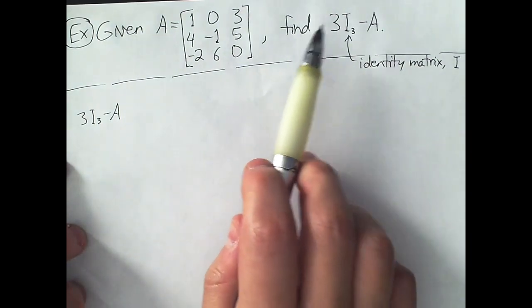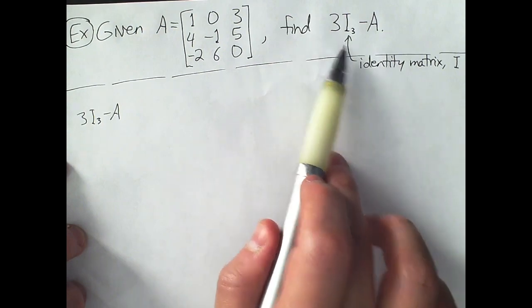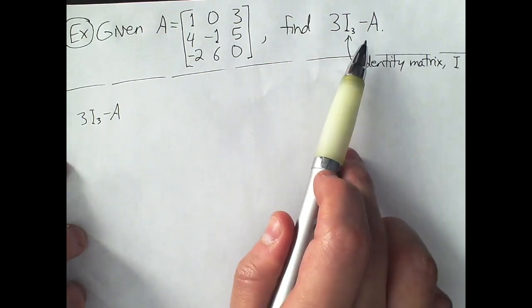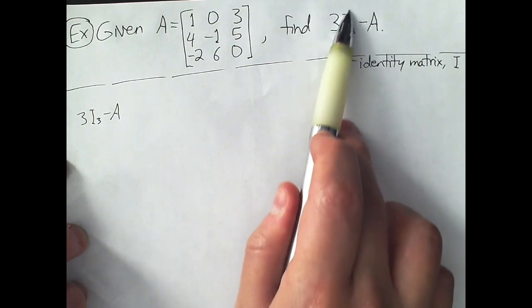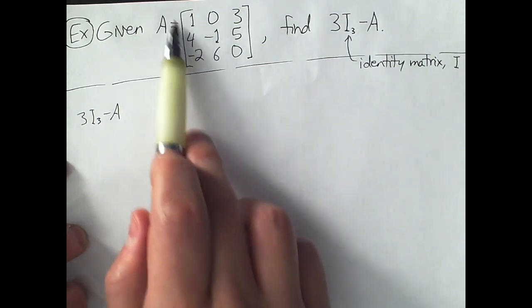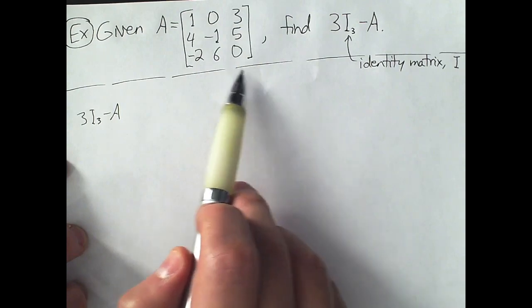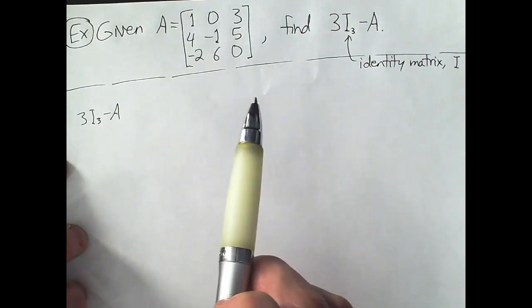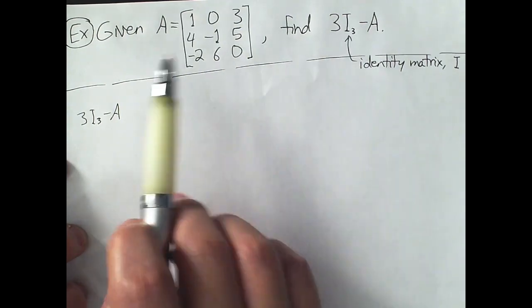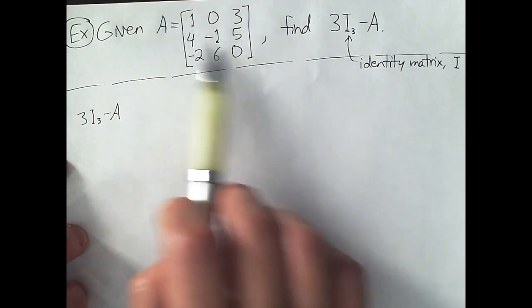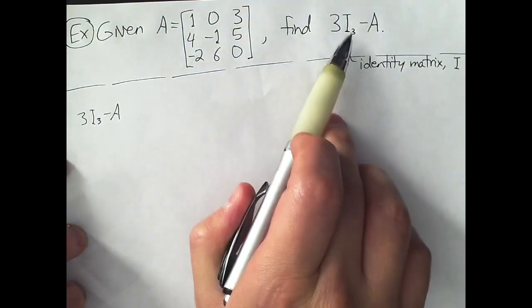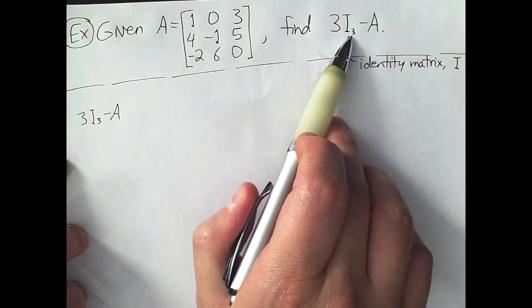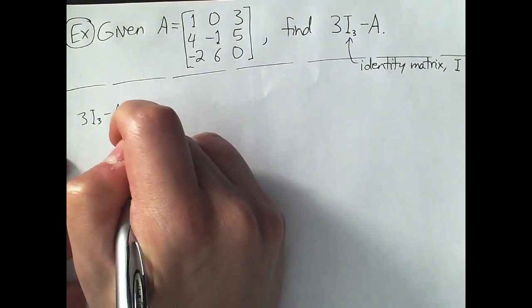If I had said 3I minus A, it would be clear from the context that we're talking about the 3x3 identity, because it would have to be the 3x3 identity in order to subtract a matrix of this size from it, right? It can't be the 2x2 or the 4x4 or anything like that, because then this problem wouldn't make sense. I put the 3 there to help you out, but it didn't have to be there.